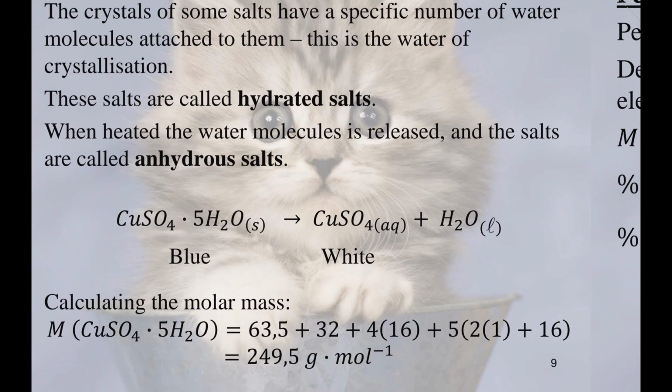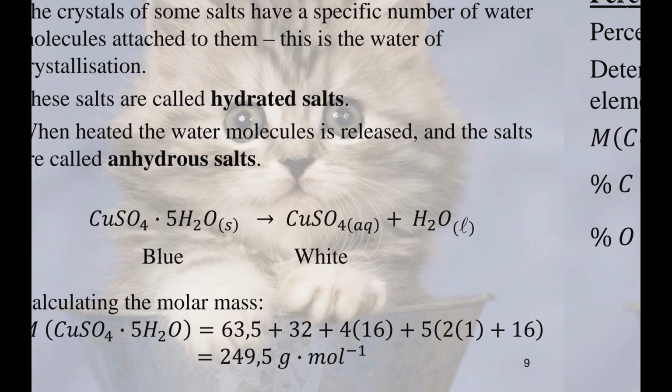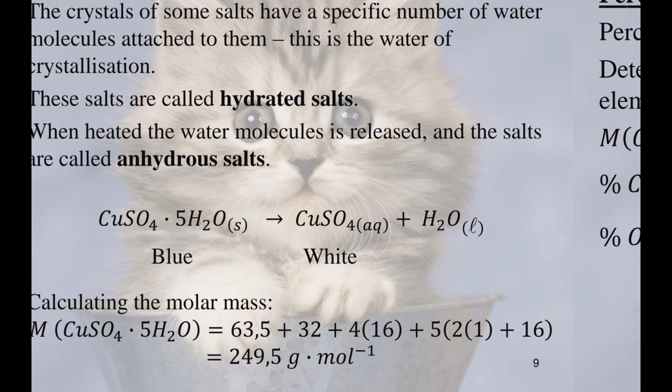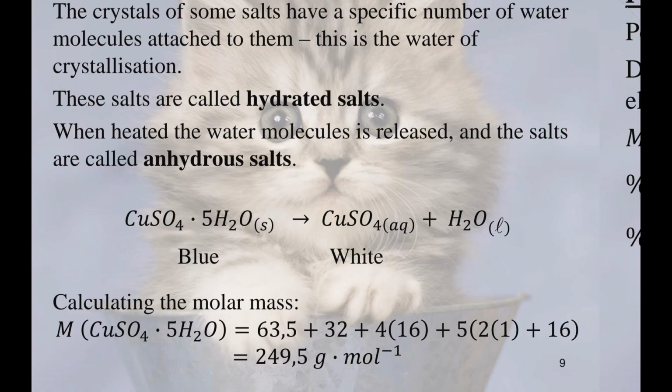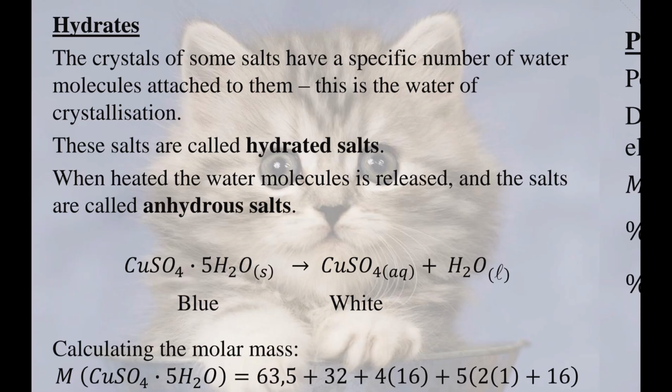Let's go to copper sulfate times 5H2O. You can see it is blue, and this side is white plus H2O. This compound, copper sulfate times 5H2O, is a hydrated salt. It is broken down into anhydrous salt, because the crystals of some salts have a specific number of water molecules attached to them.